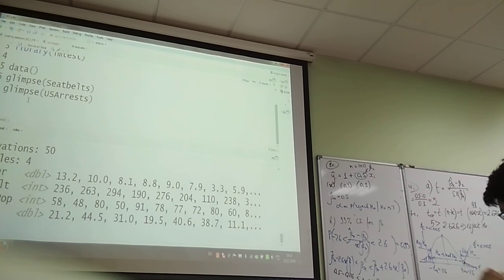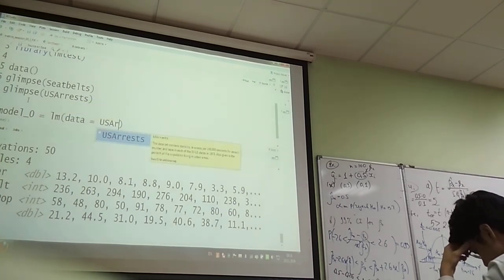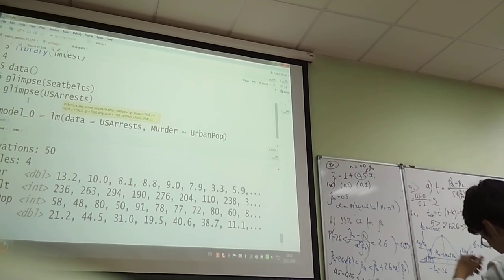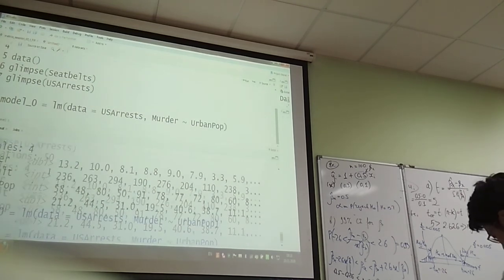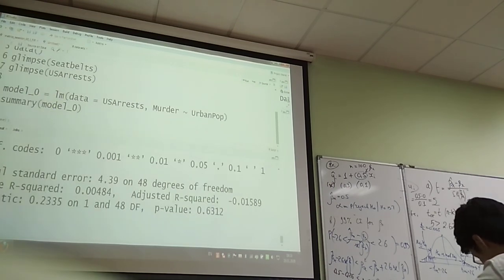So let's do a simple regression. Model 0 equals lm, data from the built-in data set USArrests, and the model is murder depends on urban population. So we use some real data. And we can look at the summary of model 0.